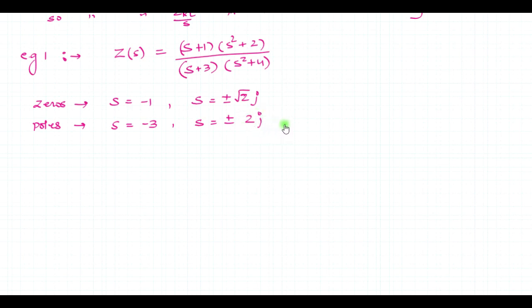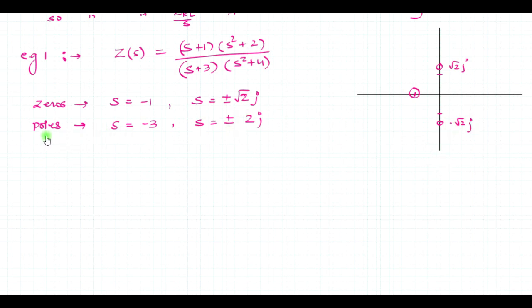Now let us plot these poles and zeros on S plane. Say we have this S plane. We have s equal to minus 1, a zero here. At s equal to minus 1 we have a zero, so I will encircle it. Similarly, at plus and minus root 2j, root 2j will be above 1, almost 1.5. So I have a zero existing here, and similarly a zero here, which is plus root 2j and minus root 2j.